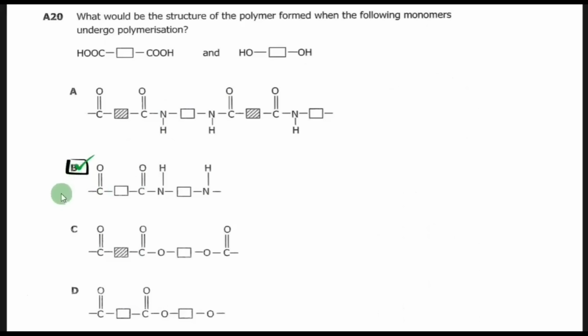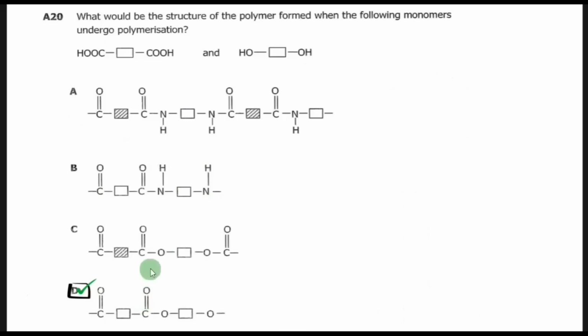The actual answer for this question must have been D, not this answer here, because we have an acid and an alcohol, so they will not provide these kinds of bond here. They may provide these kinds of bonds here, which confused me with this.